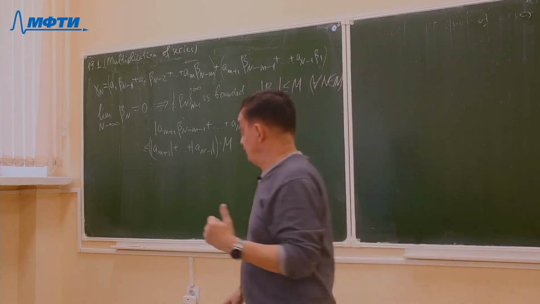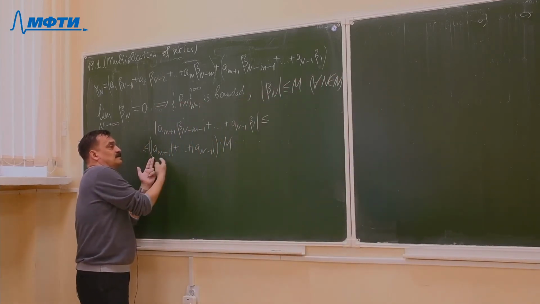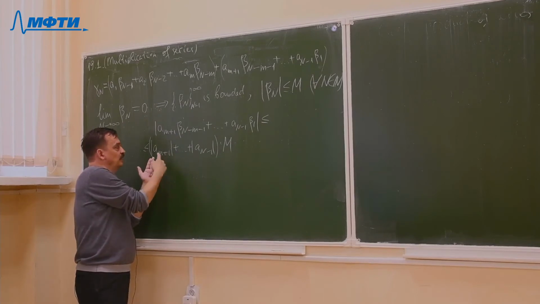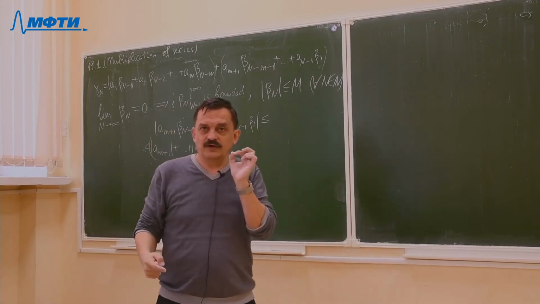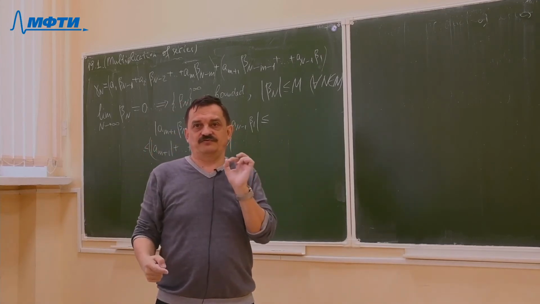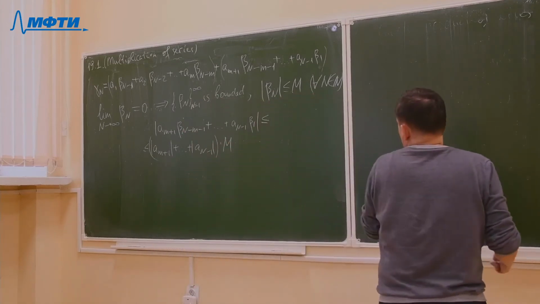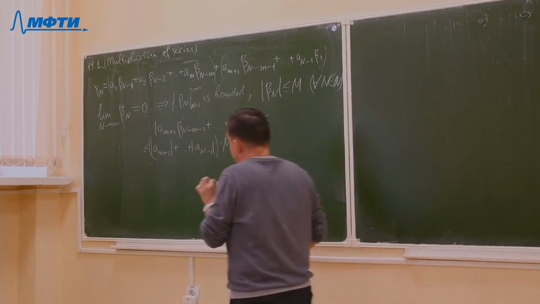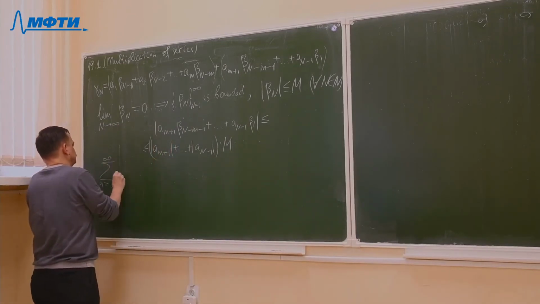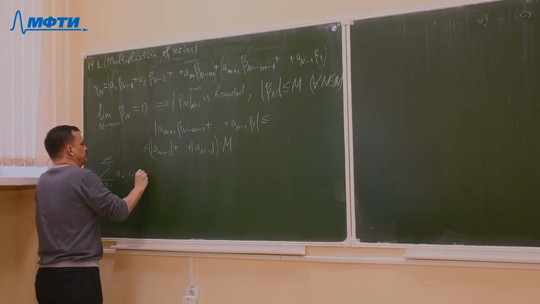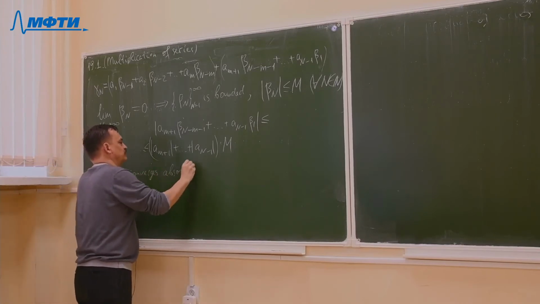Now, look. What is it? Sum of modulus. And we start from n. And we have a freedom in the choice of m. Now, the series of a n converges absolutely. So I want to use this fact now.